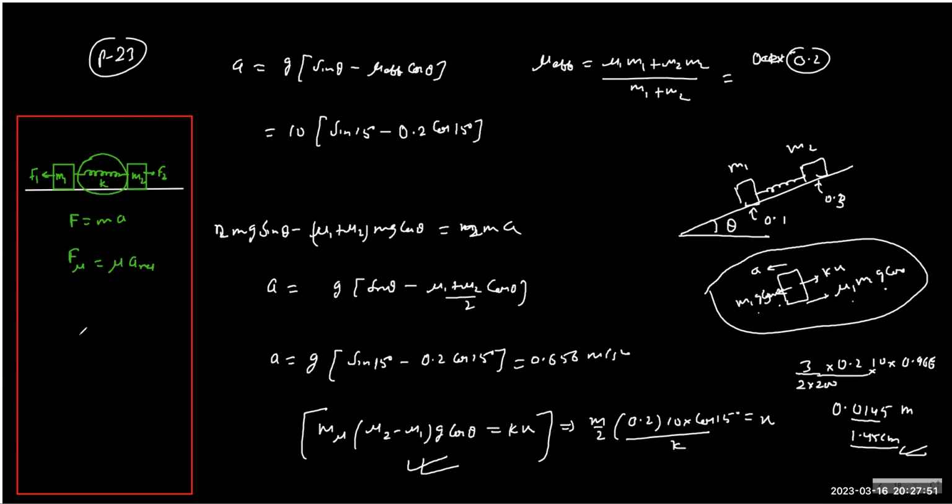So what is the relative acceleration? F1 by M1 plus F2 by M2. And what is the reduced mass? And this is due to the internal force. In this case, it is spring force kx. That's it. One line answer.